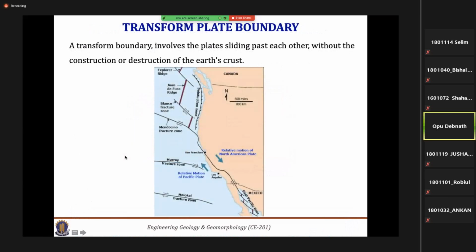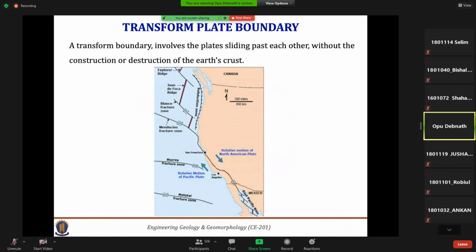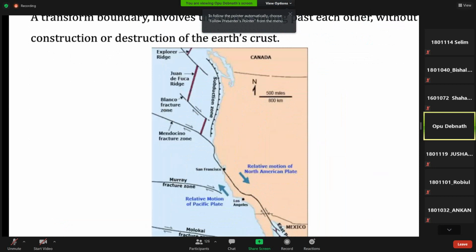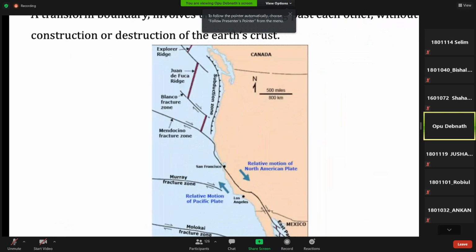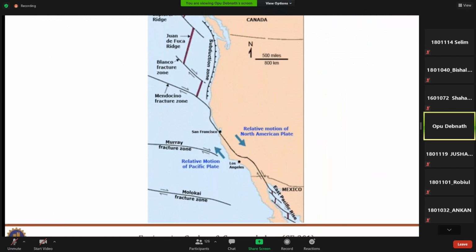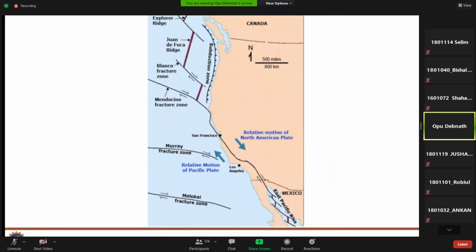And our last plate boundary, the third one, is the transform plate boundary. The first two plate boundaries are based on vertical movement, a relative vertical movement, while the transform plate boundary is sliding, a horizontal, side by side movement, when one plate slides compared to another.